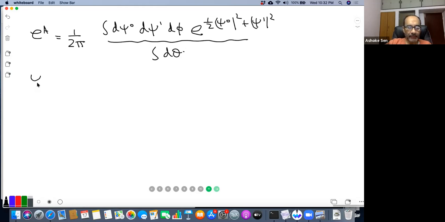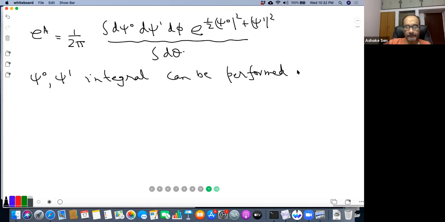Now the psi_0 and psi_1 integral can be done by using steepest descent contour. We'll see the justification of this later.